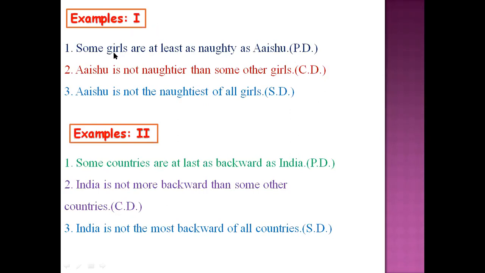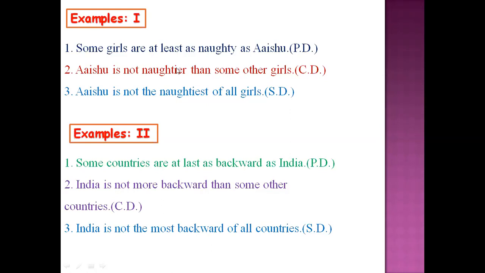Example: Some girls are at least as naughty as I should. Some girls are at least as naughty as I should. This is positive degree. I is the subject and should is the verb, plus not. Not here means it takes the second form of the adjective, comparative degree, than some other.